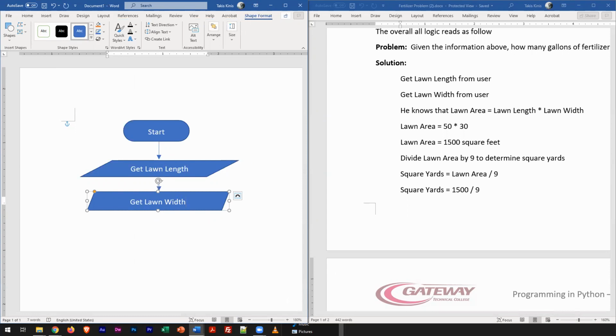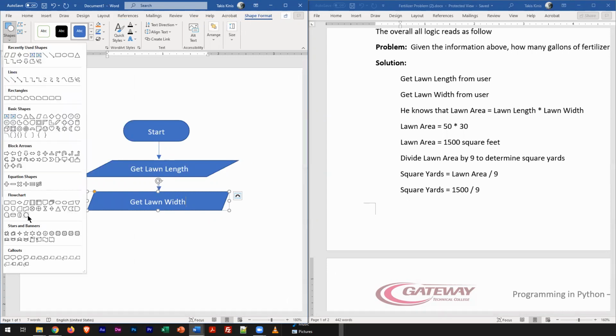Okay, Jill, I see your question about the shape for manual entry. Where do you see that one? Is it this one? No, farther over. It's the next to the last one. That one. Yeah, that's used in special circumstances.